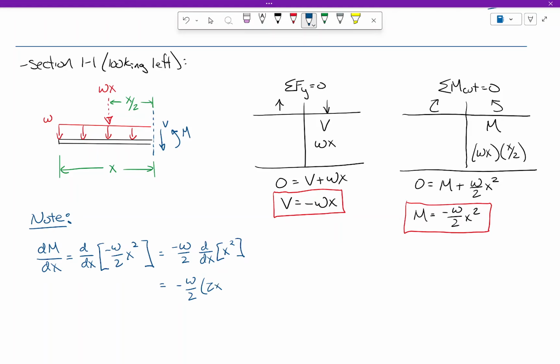So 2's cancel. Then I get my shear. Look at the expressions. This is a line. This is a quadratic. Negative slope on the line. The shear diagram goes down. Negative parabola. Parabola opens downward.